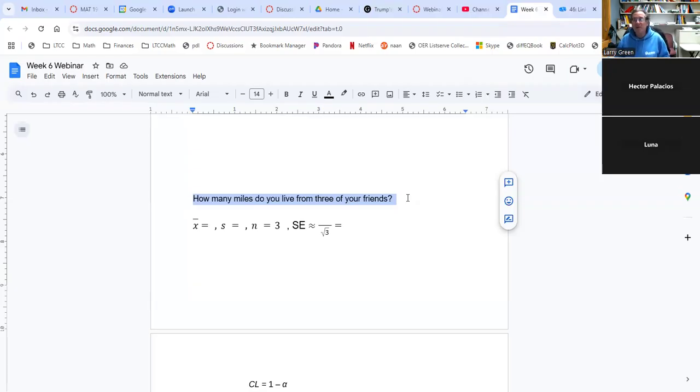Give me three numbers, three friends you have, and how many miles you live from them, and type those numbers in the chat box. Hopefully you have at least three friends. Most people do, but no guarantees.